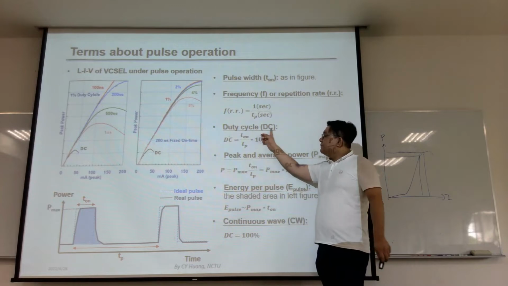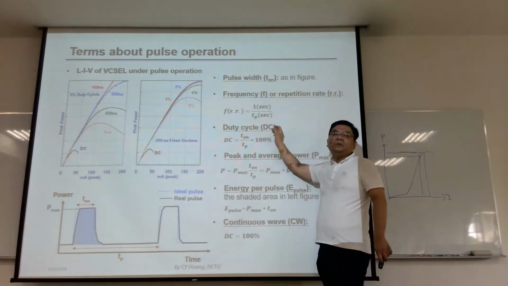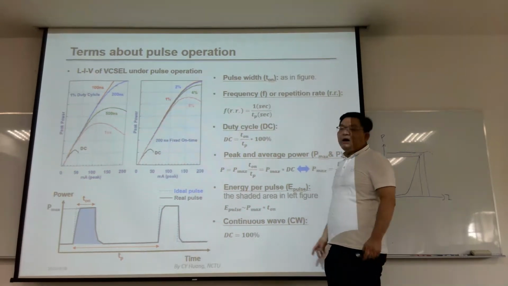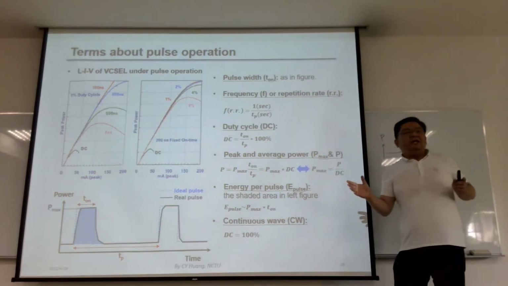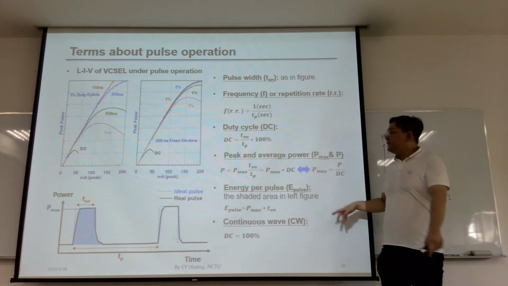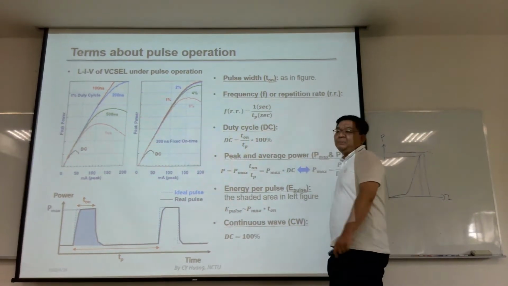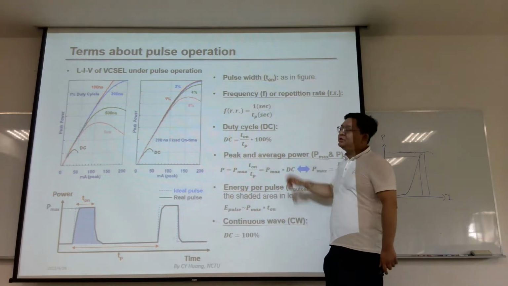There's also a common term called the duty cycle while you're reading the spec of a solid state laser. That means how much of the time is occupied in its on state. So that will be T on divided by TP, times 100%.